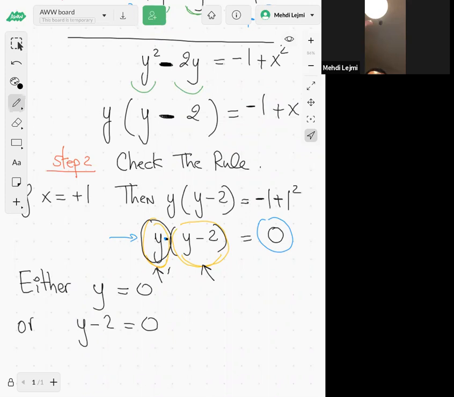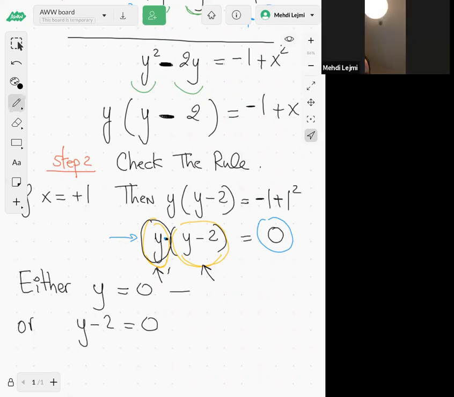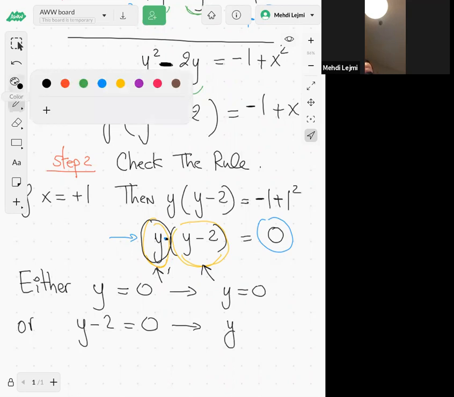So if you have a product of two numbers equal to 0, then one of the numbers has to be 0. There's no other way. Yes, so then y is 0, or y minus 2 is 0. Of course, if you add plus 2 on both sides, then y would be positive 2. So yeah, positive 2, absolutely.